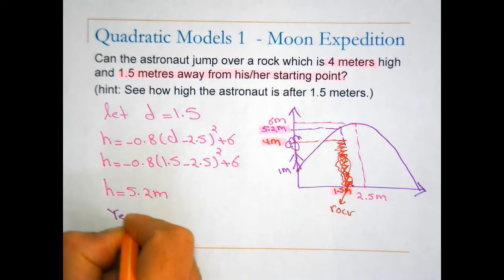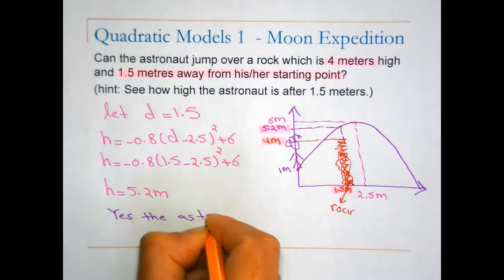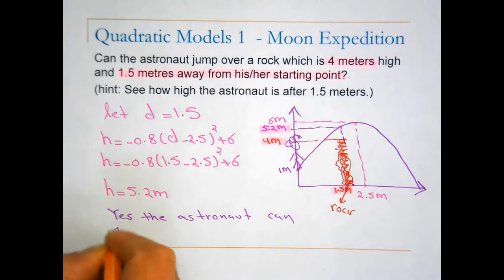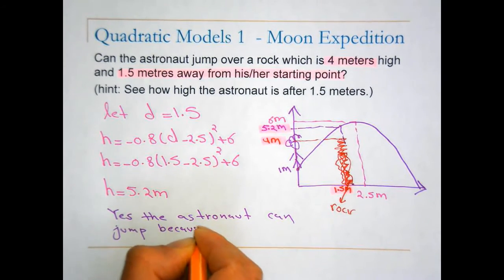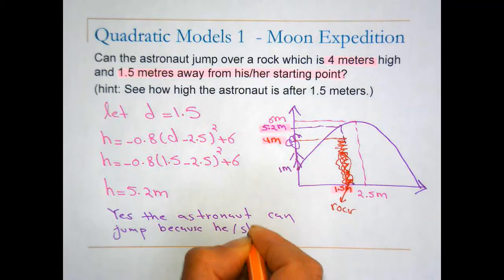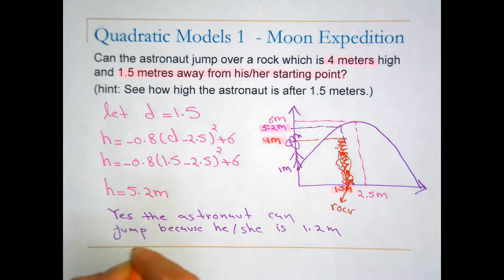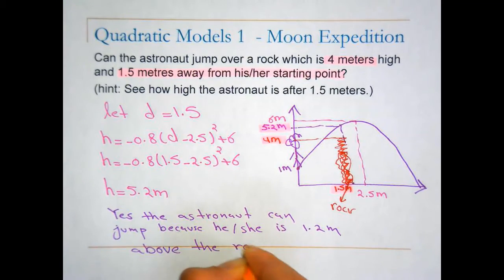Yes, the astronaut can jump because he or she is 1.2 meters above the rock.